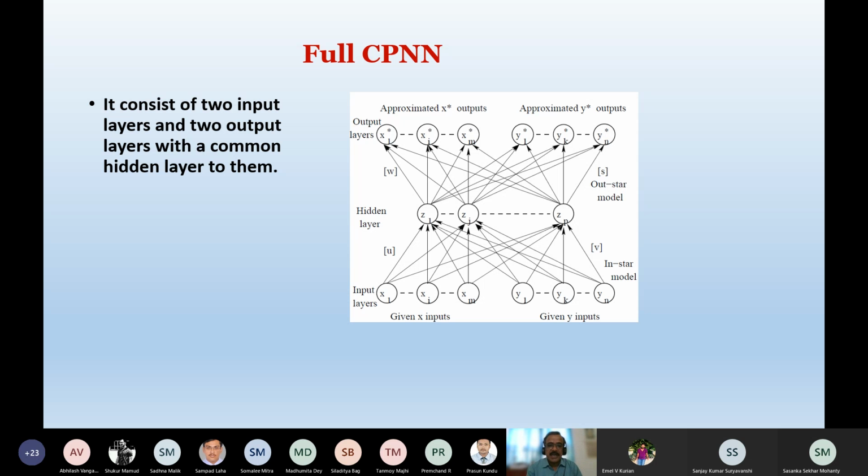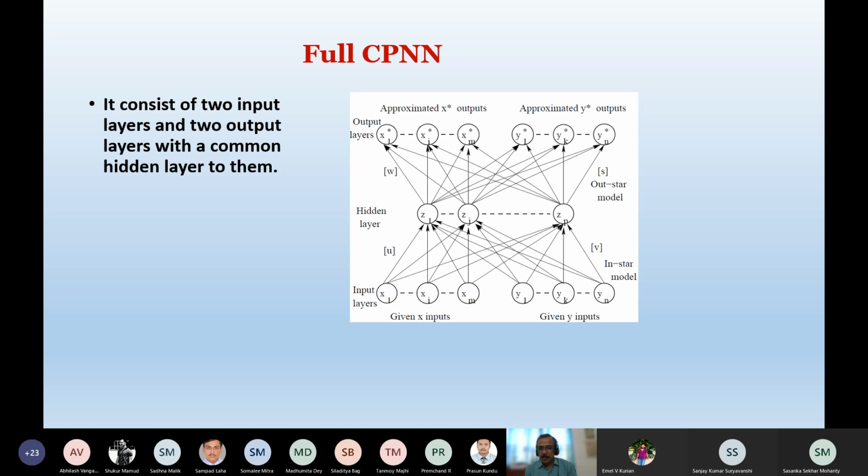On the input side, there are two input layers. The first input layer represents the input process parameters, and the second input layer represents the outputs or the responses.